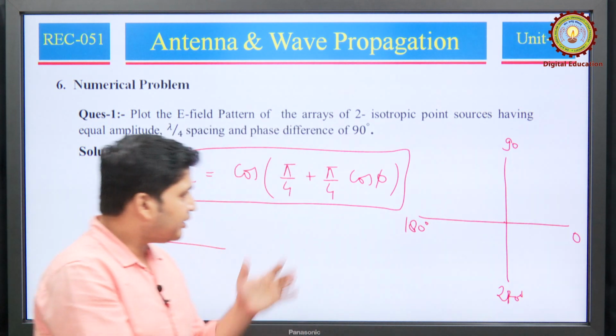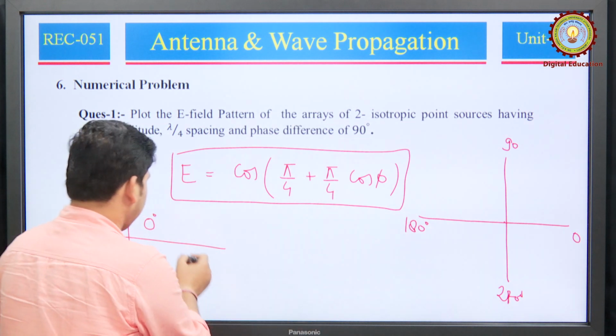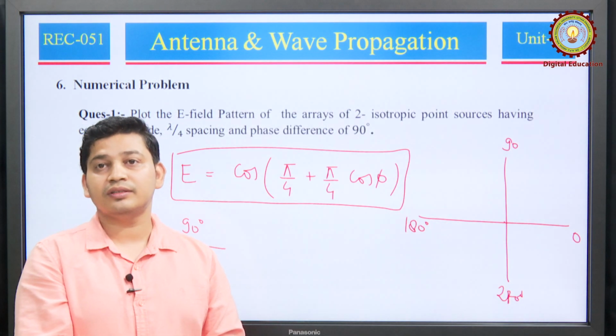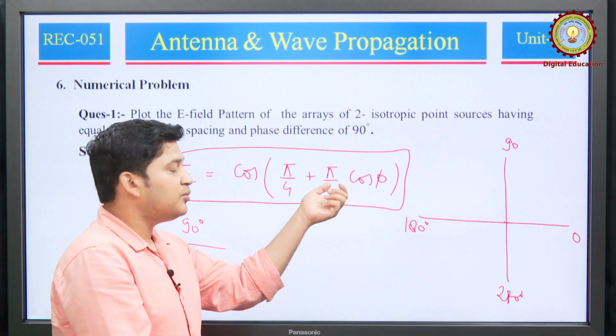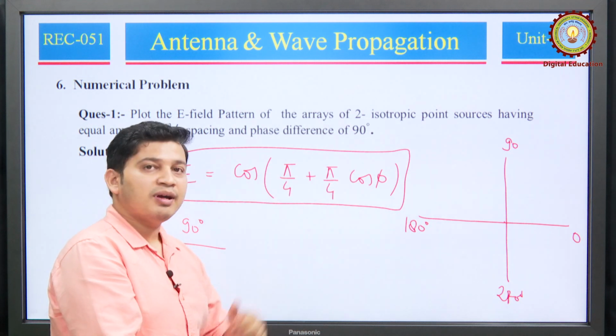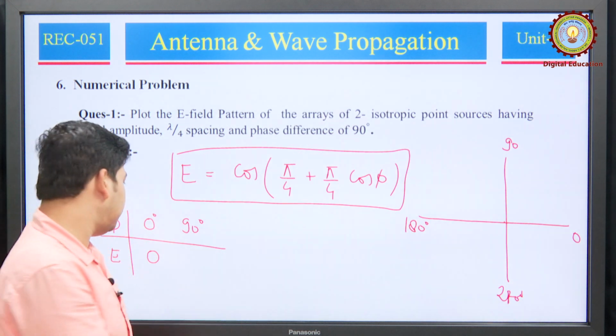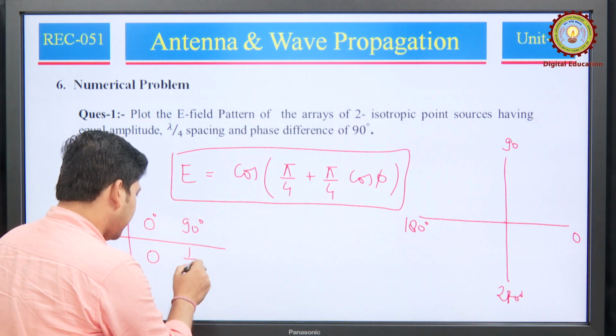Next value we will take, let us take 90 degree. So, when you solve, cos 90 is nothing but 0, so this term is going to be eliminated. So, cos pi by 4, if you remember, the value of cos pi by 4 is 1 by root 2. So, write down over here 1 by root 2.